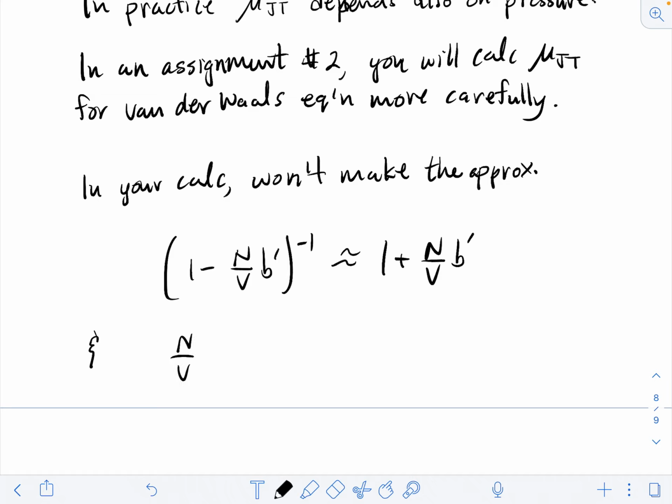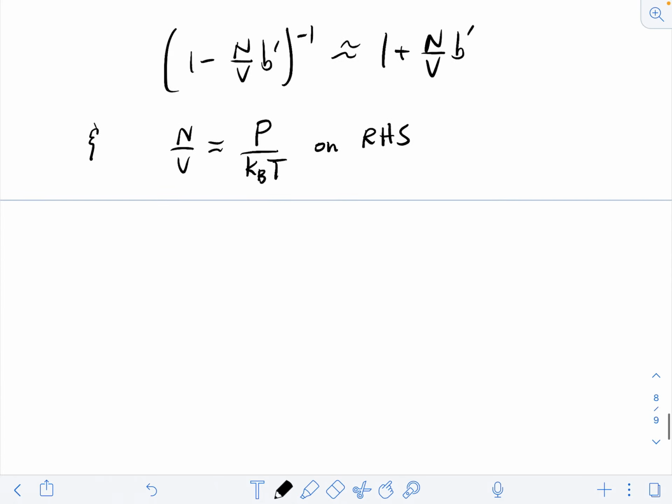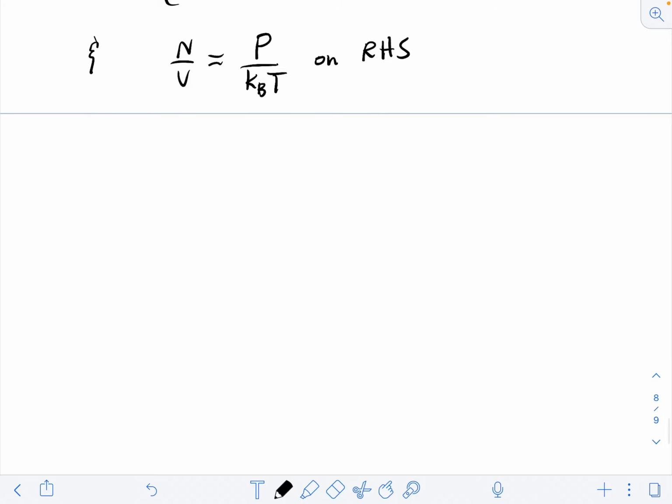And at one step in the calculation, we had this n over v factor, which we just replaced with p over kBT, based on the equation of state for an ideal gas. We made this approximation on the right-hand side of one of our expressions. Okay, so you're not going to do that.